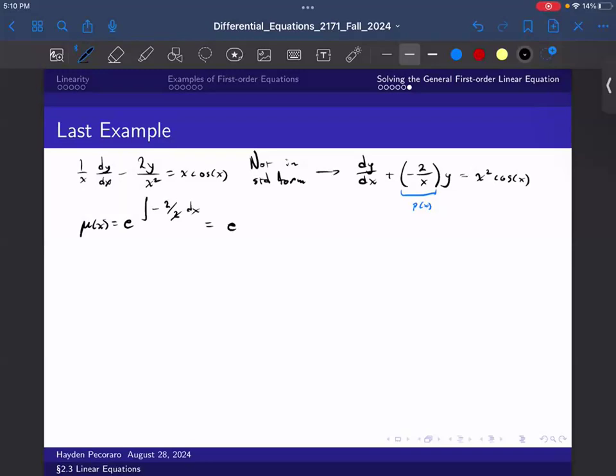And that gives me e to the minus 2 log absolute value of x. Okay, and well, I want to cancel the e and the log, so I'll use some log rules. That'll give me 1 over absolute value of x squared. And since it's squared, I can drop the absolute value. So 1 over x squared is my integrating factor.